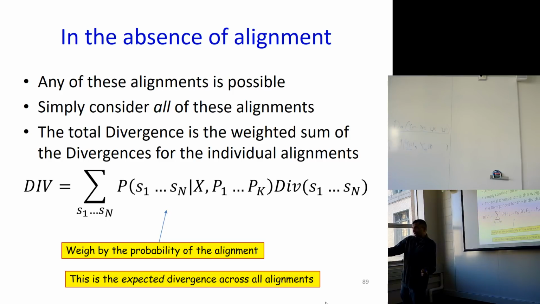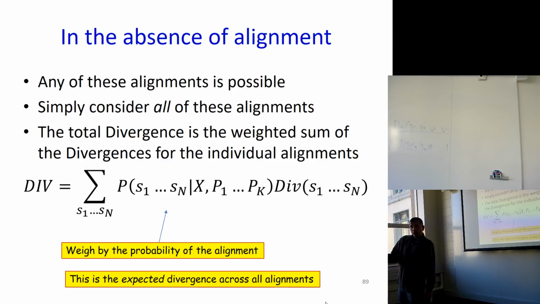The probability itself is derived from the output of the network. And now I can compute an expected divergence over all alignments. What I'm going to try to minimize is that, instead of choosing any single alignment and computing the divergence with respect to it, I'm going to consider the expected divergence over all possible alignments. Make sense to you guys?